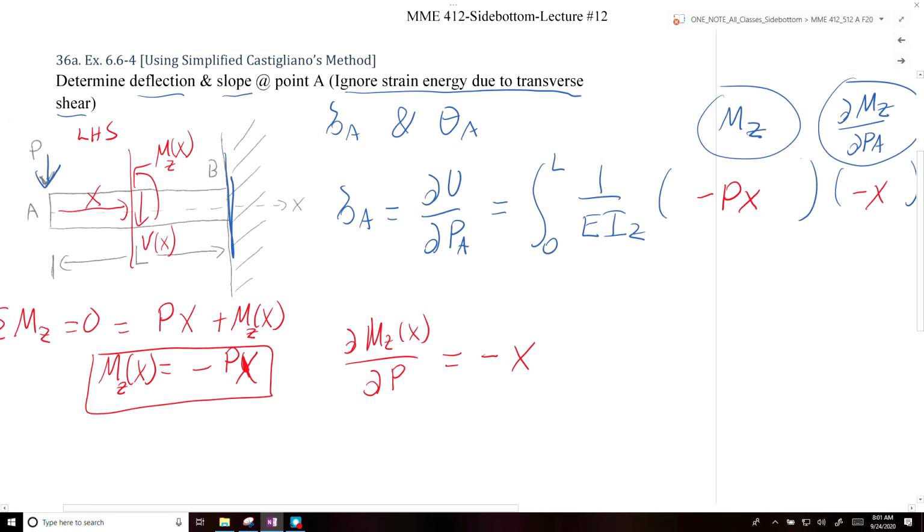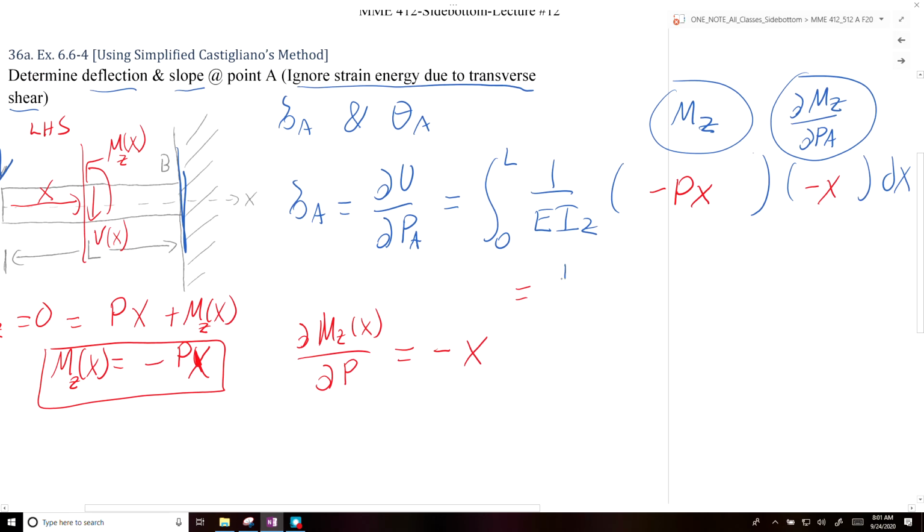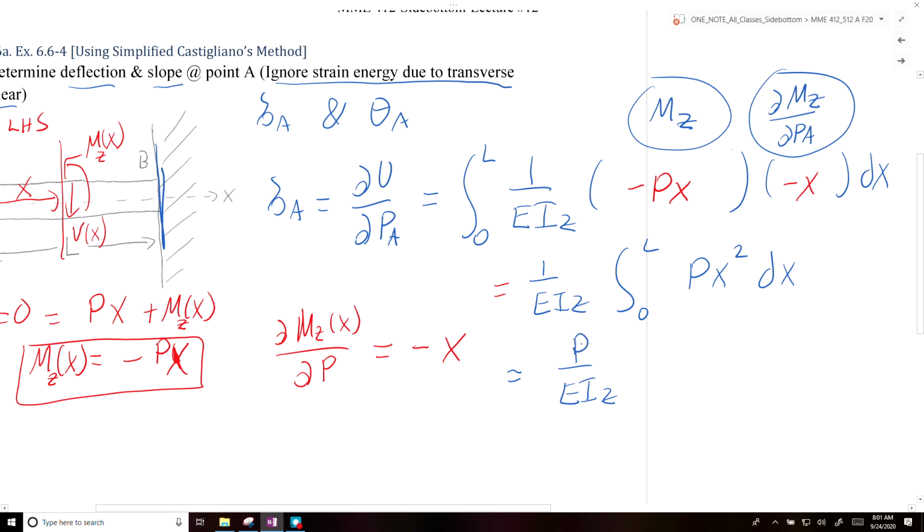Alright, so for this integral, E and Iz in this case are constants, so we can take them out. So our integral would be equal to P x squared dx. Then we get 1 over EIz times P times x cubed over 3, from L to 0.